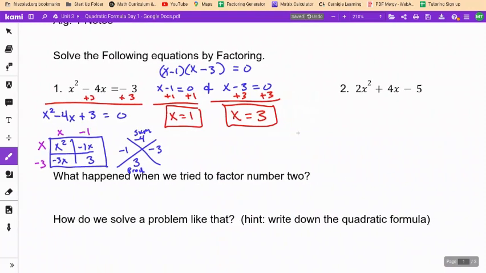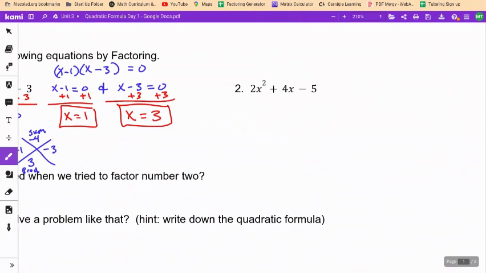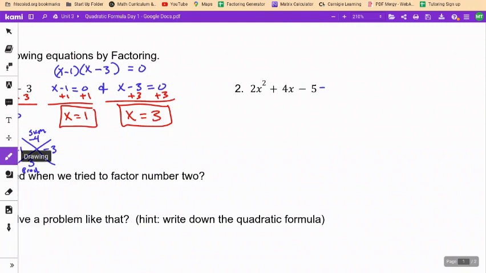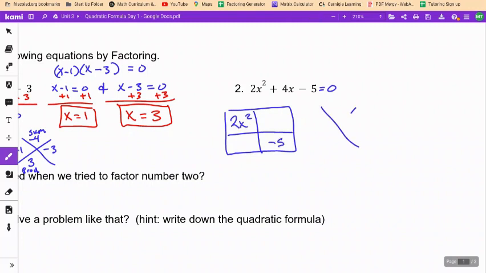Same thing moving on to number 2. This time, again, well, I forgot to put the equal to 0, so make sure it's equal to 0. I can go straight to my box here. First term is 2x squared, last term is -5. Their product gives us -10. The sum is the middle term, which is 4.